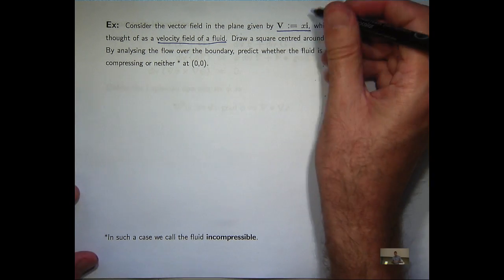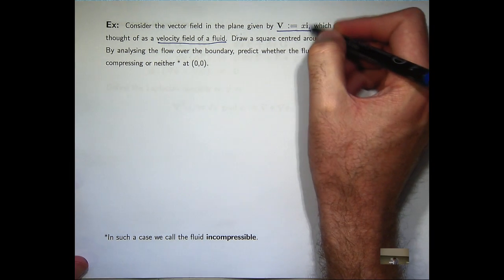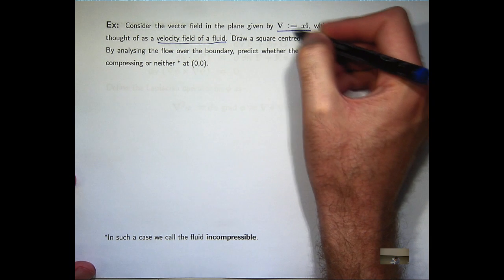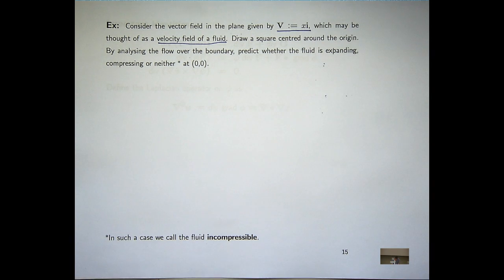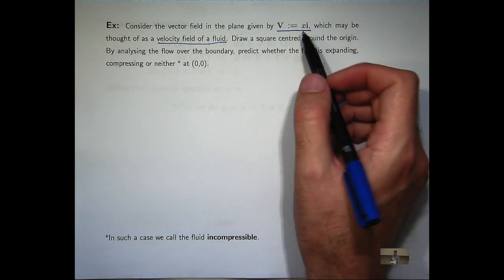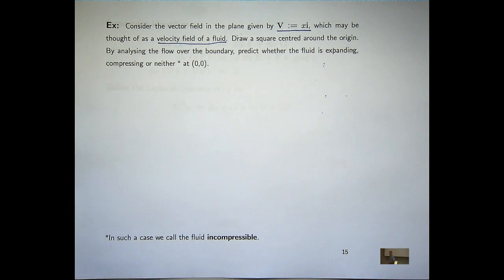Okay, well, it's easy to, of course, calculate the divergence directly from this vector field. Divergence will be 1, and that's for all points. So you would expect the fluid to be expanding at all points.